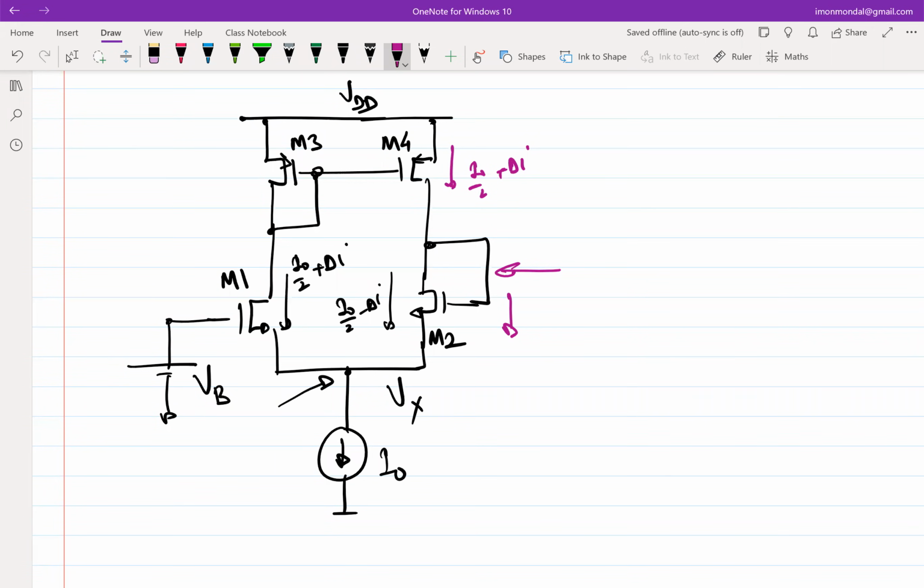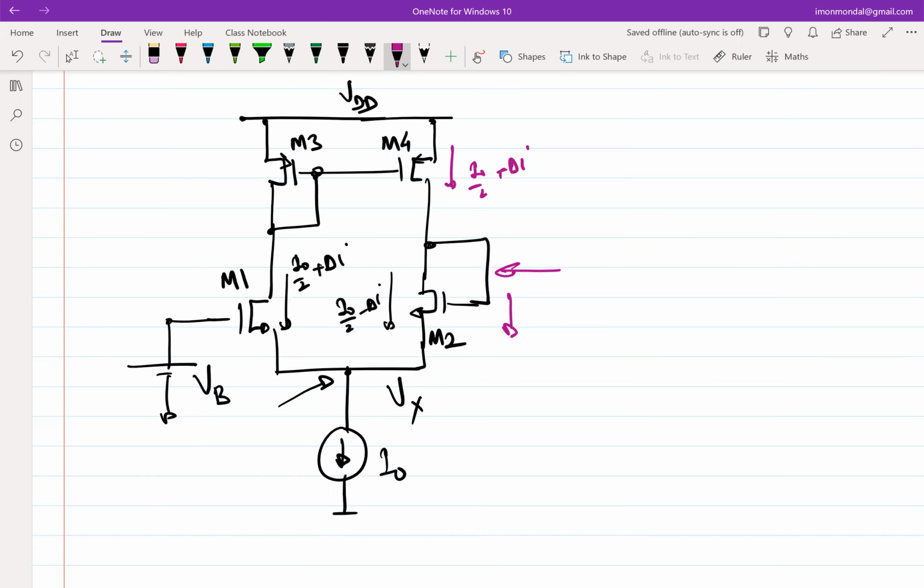What is the impedance looking at the source of the input? That's a good question. Ideally that will be infinity, right? But that's not particularly true, because when you make this assumption you also have to take into account that there is a current mirroring effect through M3, M4, because this plus delta I that is coming out is also coming out through M3.